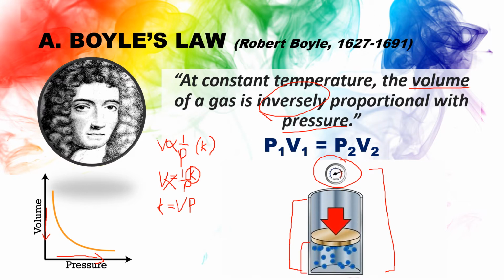And if you look at the pressure reader, as you push it down, the pressure increases. So it clearly manifests that decreasing the volume will increase the pressure. Why? Because decreasing the volume of the container forces the gas particles in here to collide more often. And if they collide more often, the pressure therefore increases.